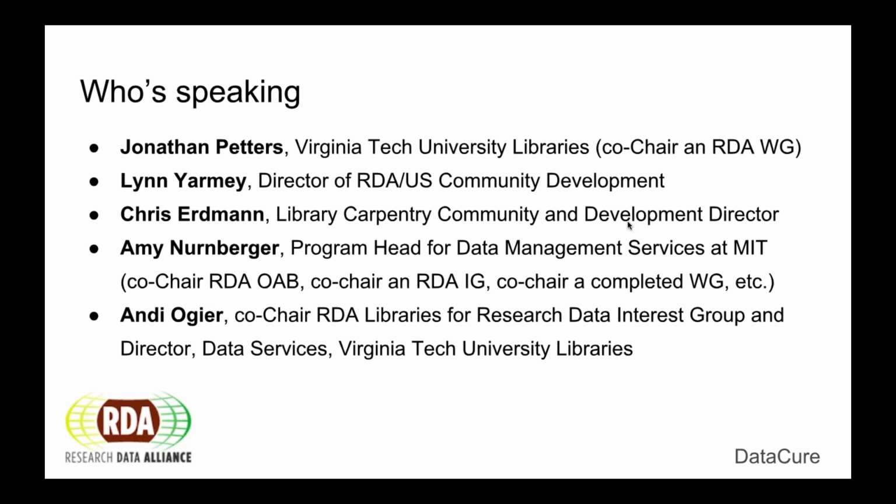So who's talking? First there's me, Jonathan Petters, who works in the Virginia Tech University Libraries. I am also a co-chair on one of the Research Data Alliance's working groups, which we'll talk a little bit more about in a second.